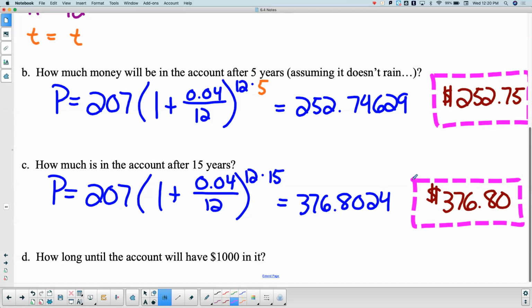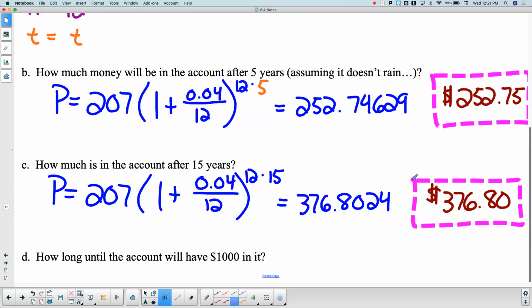I did 0.04 divided by 12, plus 1, to the power of (12 times 15), times 207.